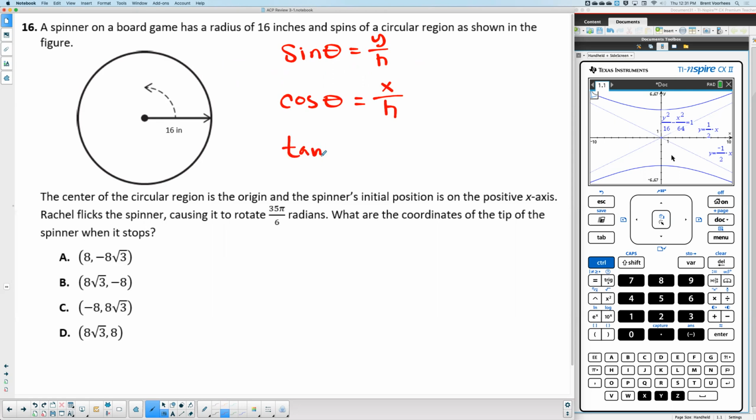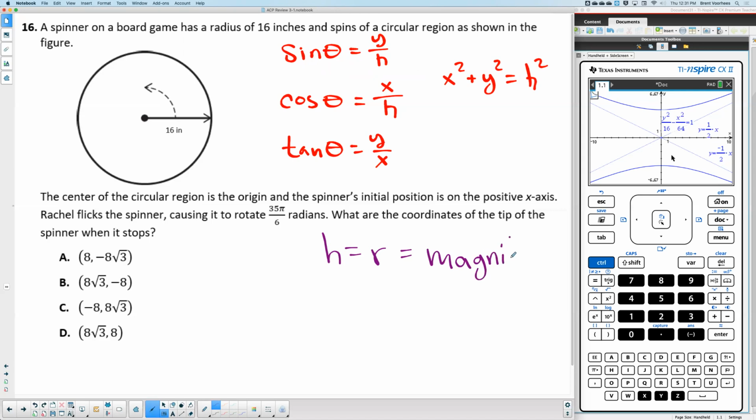Tangent is... And then finally, you need to remember the Pythagorean theorem that connects the x and the y and the h: x squared plus y squared equals... If you remember that, and you remember that H stands for hypotenuse, which is the same thing as R, and R stands for radius, which is the same thing as magnitude. All three of those are equal to one another. So that helps you in the "oh shoot" stage, knowing them all together.